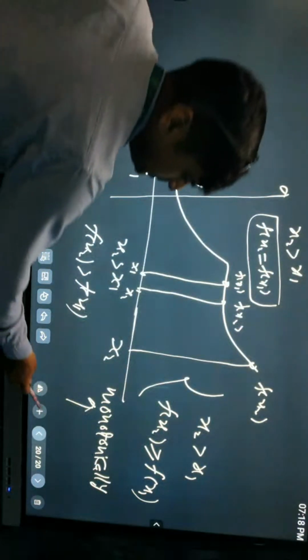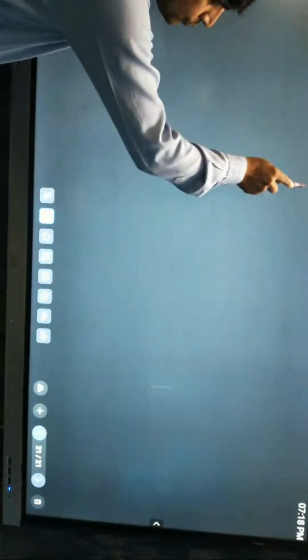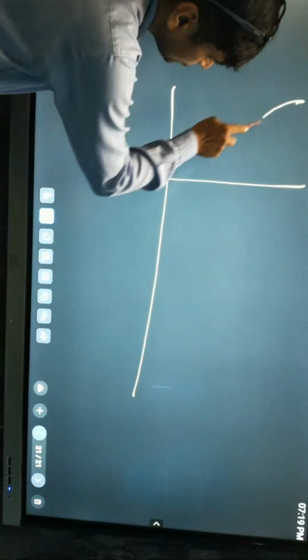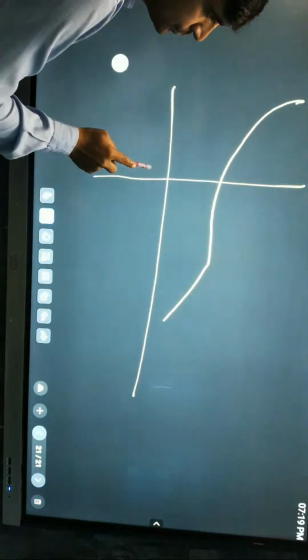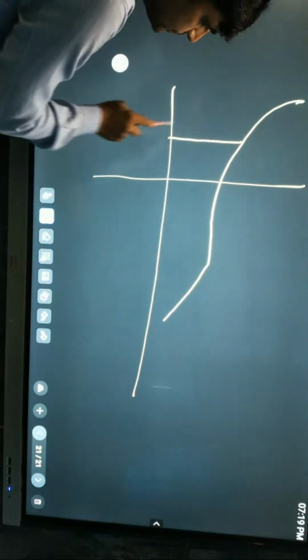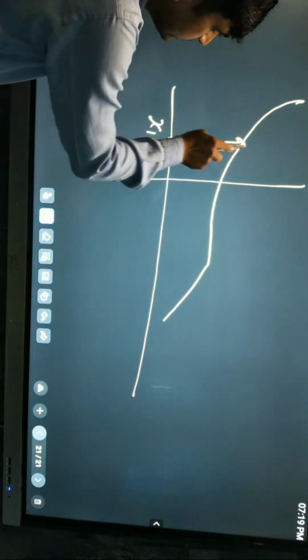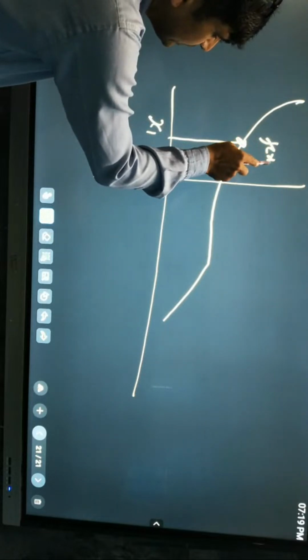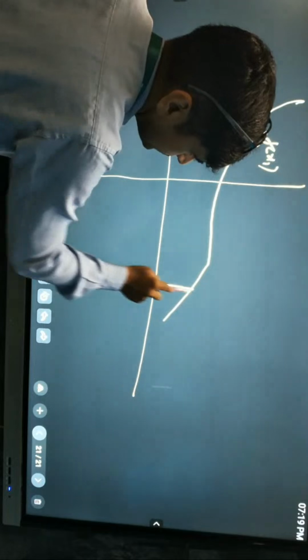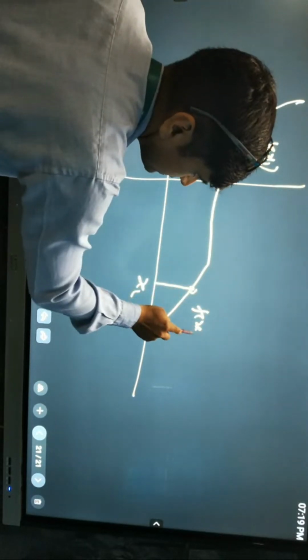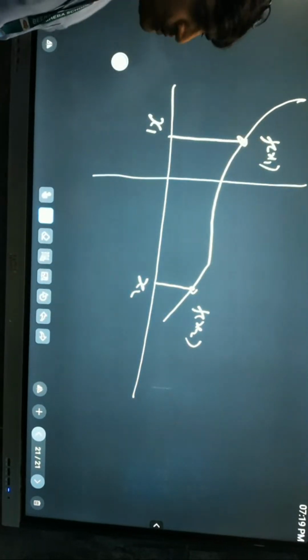Now similarly, one more graph like this बच्चों. From this graph, this is x1, this is functional value at x1, and this is x2, this value is functional value at x2.